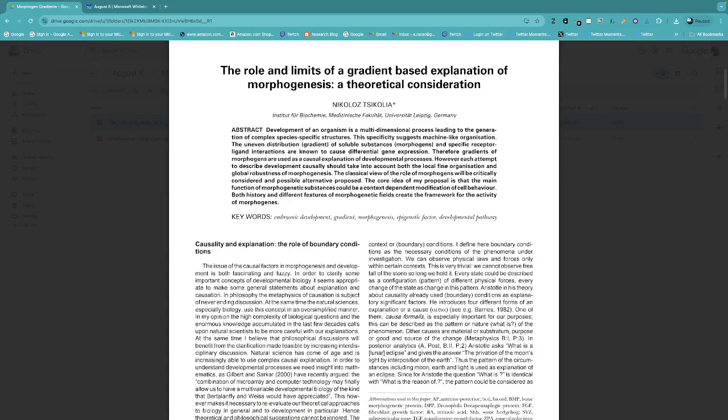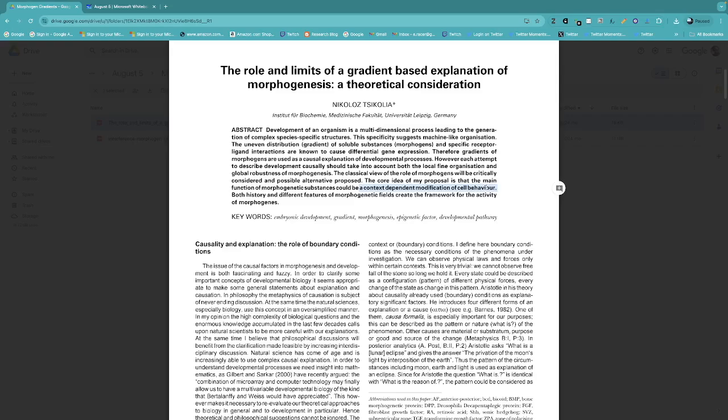The classical view of the role of morphogens will be critically considered and possible alternatives proposed. The core idea of my proposal is that the main function of morphogenetic substances could be a context-dependent modification of cell behavior.